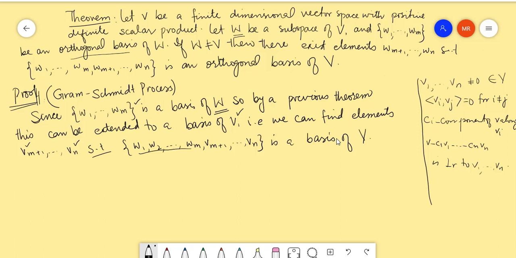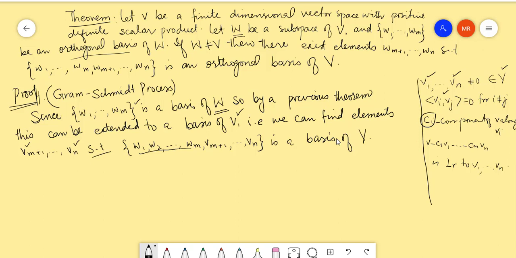Hence, we use a theorem that we studied in our previous lecture, wherein we studied that if v1 up to vn are non-zero elements of a vector space and they are mutually perpendicular, and ci is the component of v along vi, then v minus c1v1 minus ... minus cnvn is perpendicular to v1 up to vn.